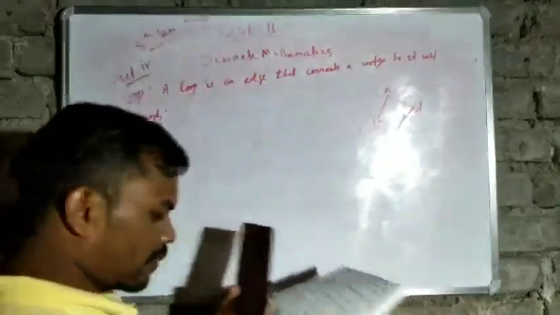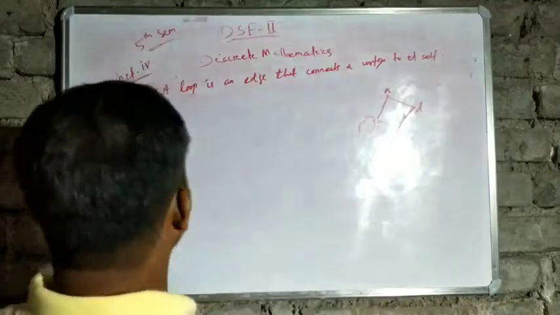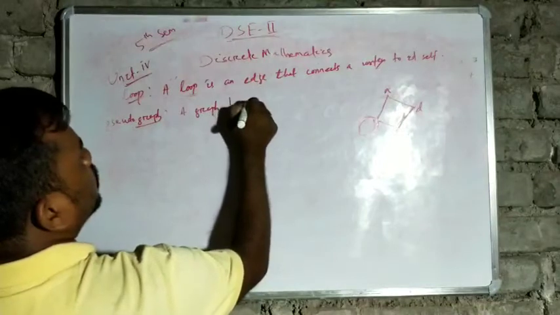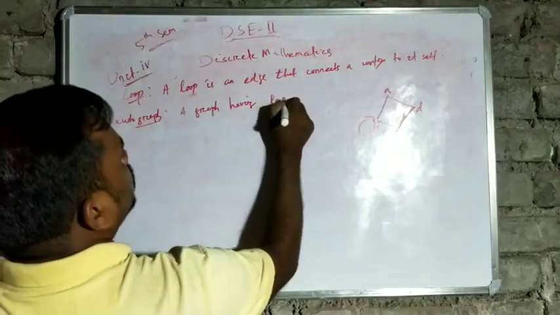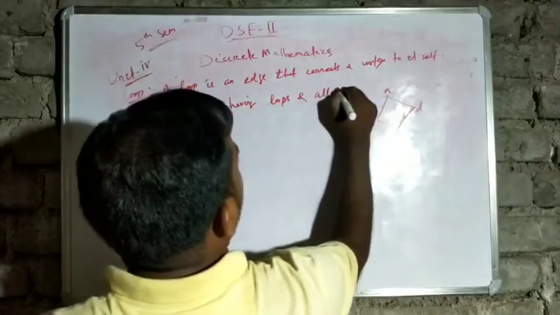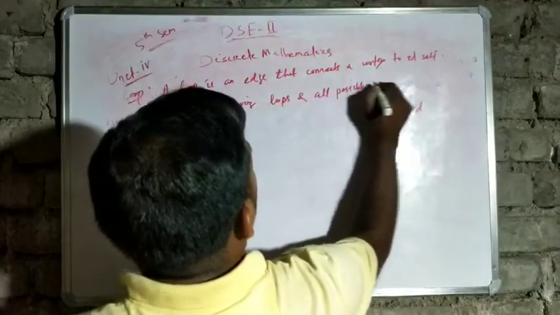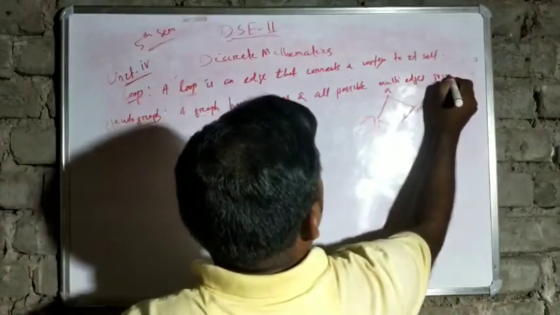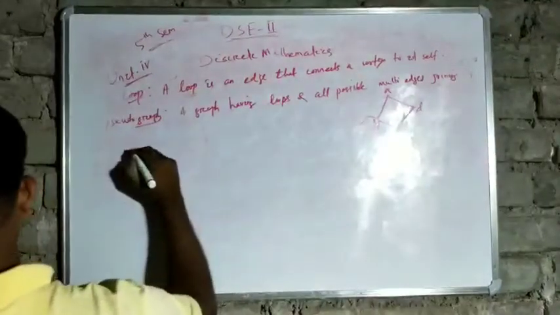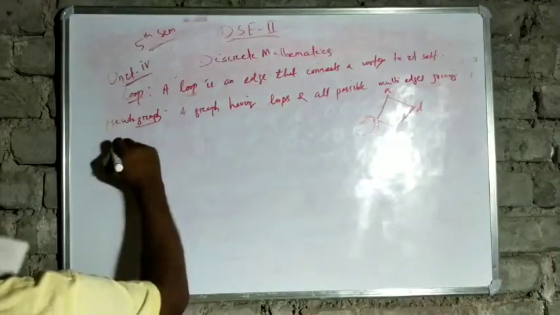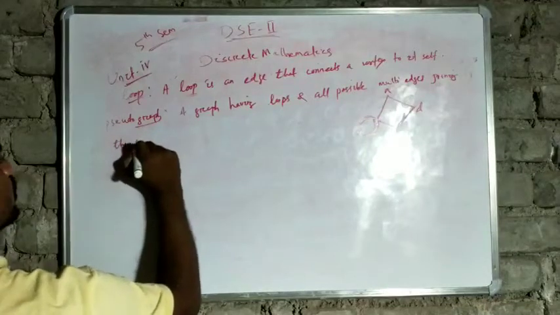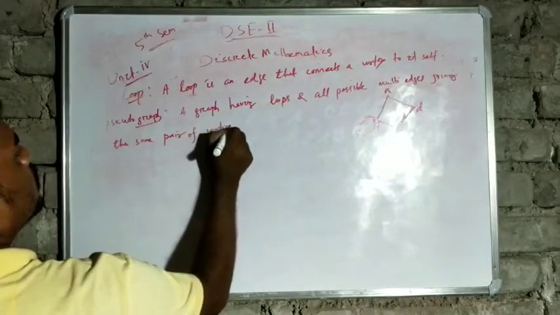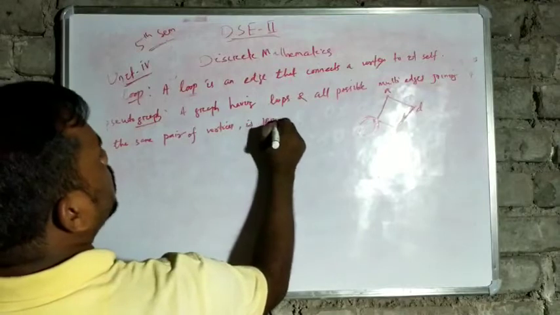A graph having loops and all possible multi-edges joining the same pair of vertices is known as a pseudograph.